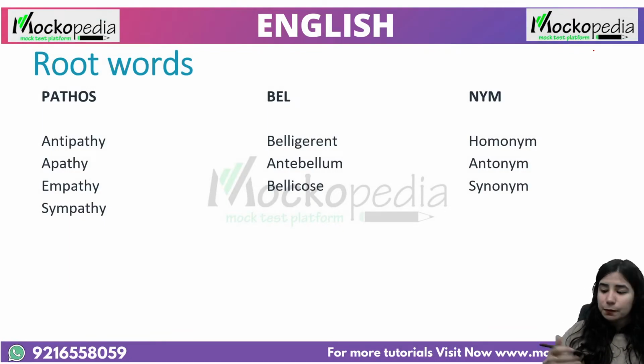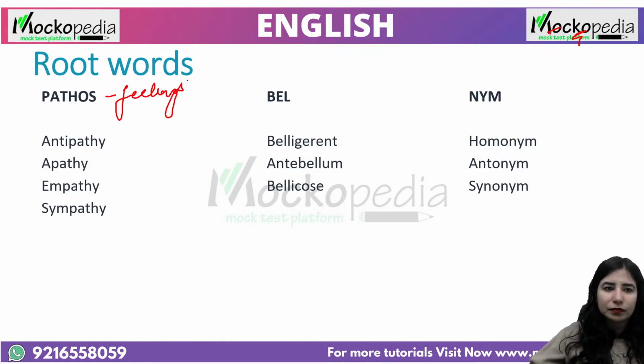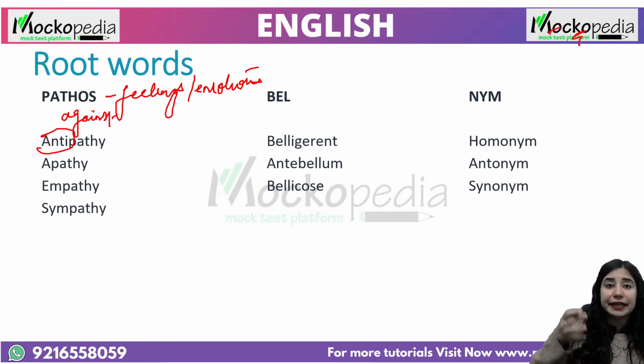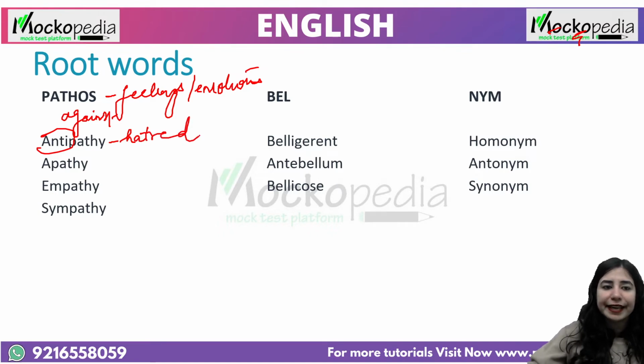Next comes pathos. Pathos stands for emotions or feelings. So let's try and learn these with anti, against, right? You must have seen anti-corruption bill, anti-terrorism. So antipathy is against, a feeling of hatred.